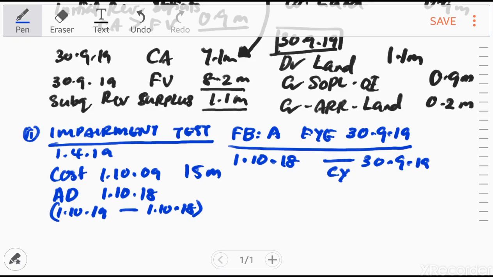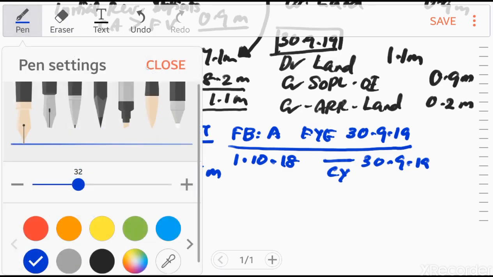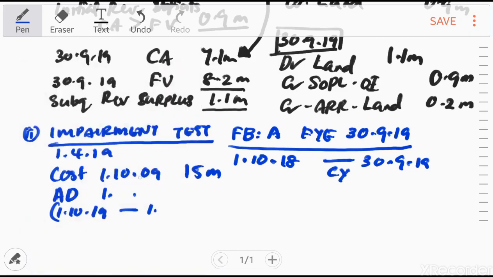Okay, so it would be accumulated depreciation not until 1st of October, but it should be until 1st of April 19. Why? Because 1st of April 19 is the date of your impairment test.